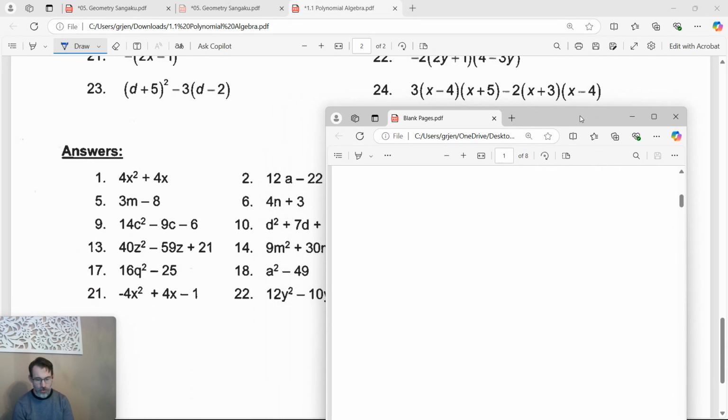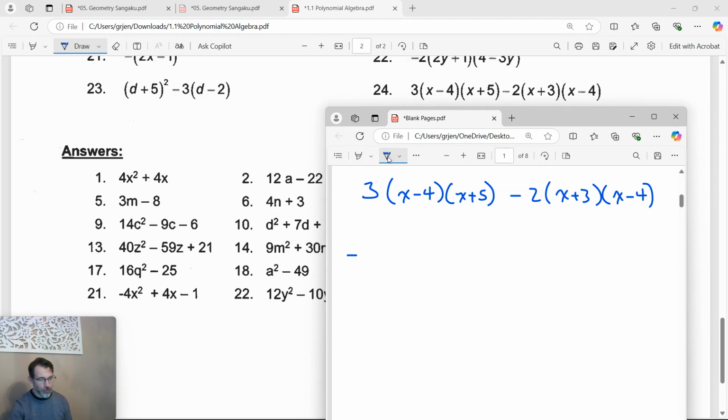So first thing that I would do if I was working on this on a separate sheet of paper is copy the problem out. So we've got 3 times (x minus 4)(x plus 5) minus 2 multiplied by (x plus 3)(x minus 4). All right?